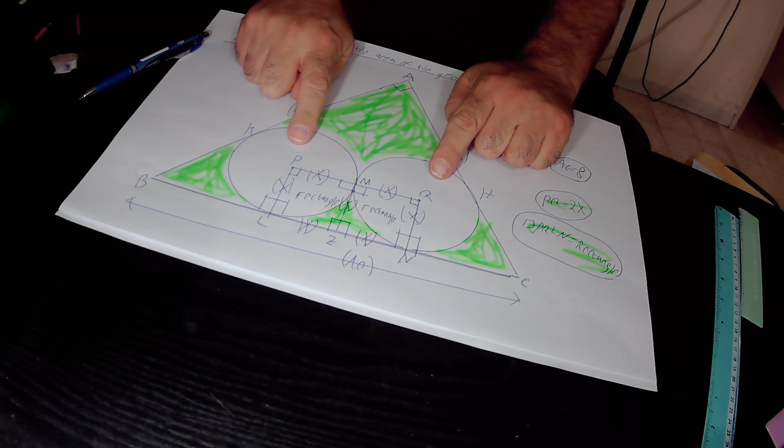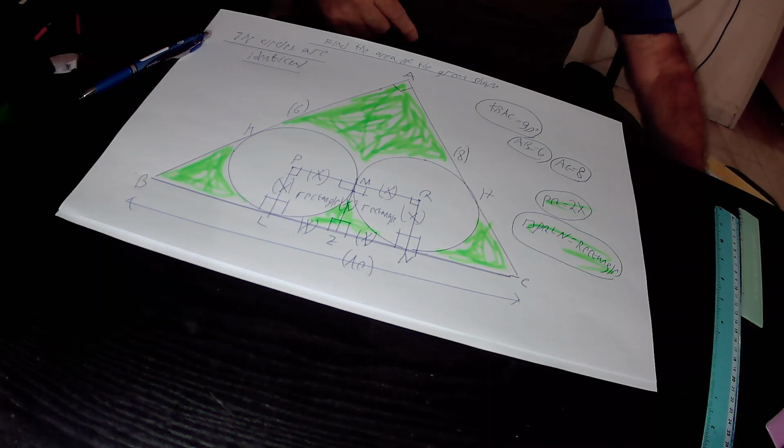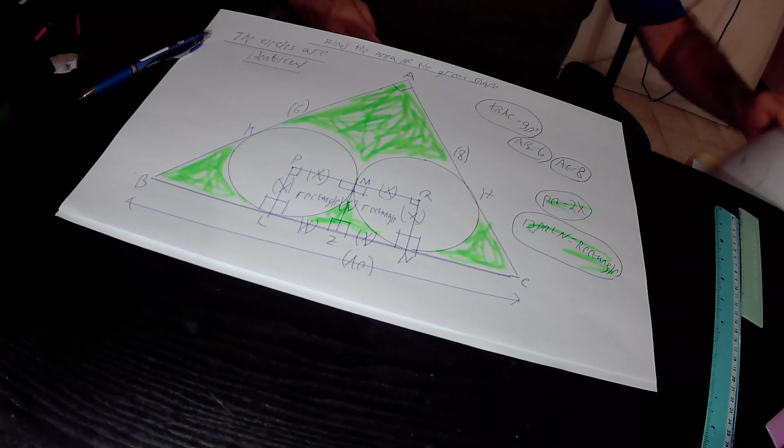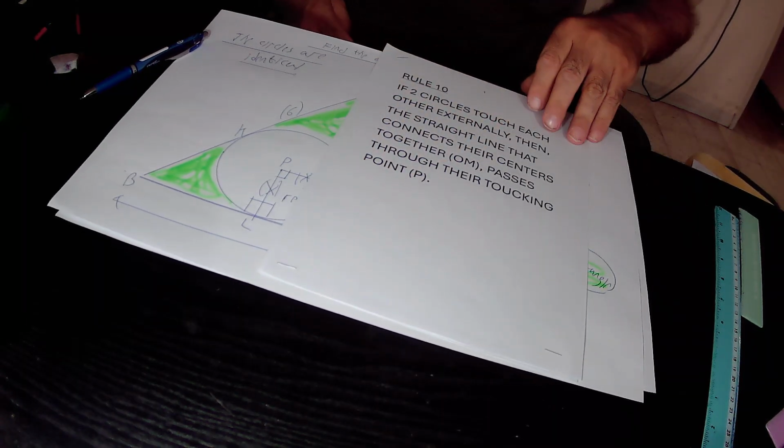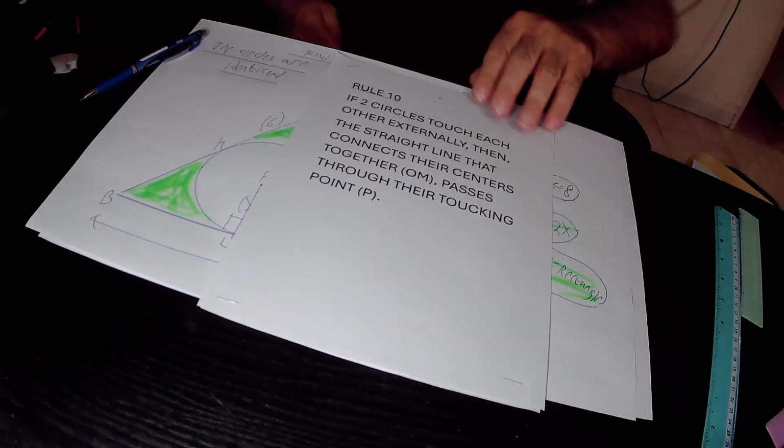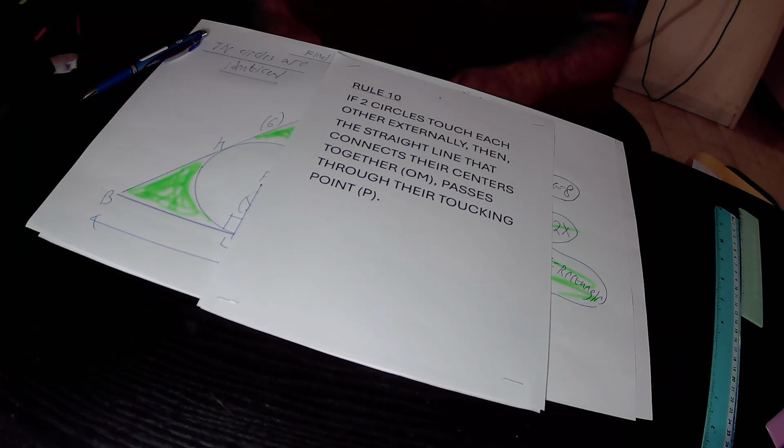That is to say, we find out that PMQ is one straight line. For that reason, PQ equals PM plus MQ, according to rule 10. Rule 10 says that if two circles touch each other externally, then the line that connects their centers passes through their touching point.